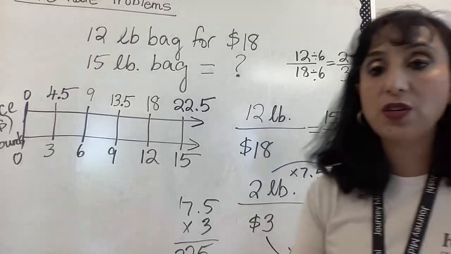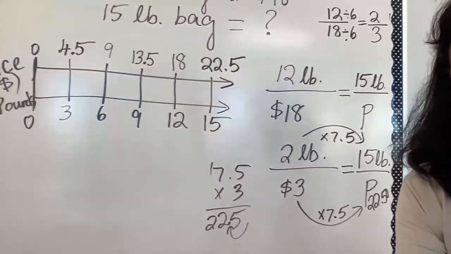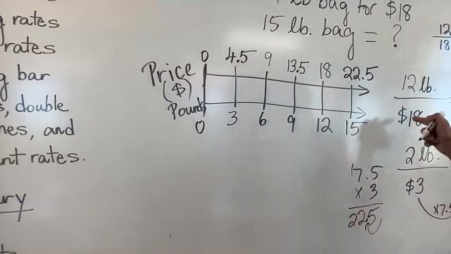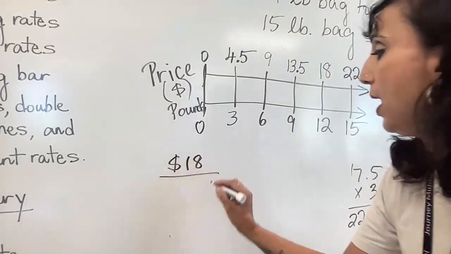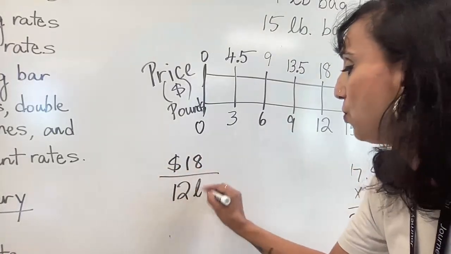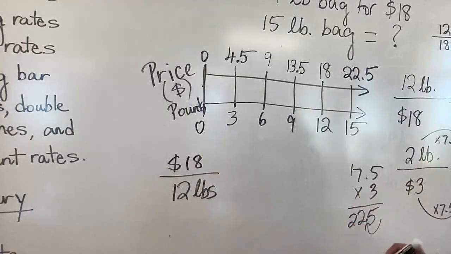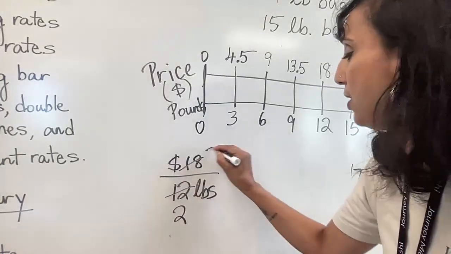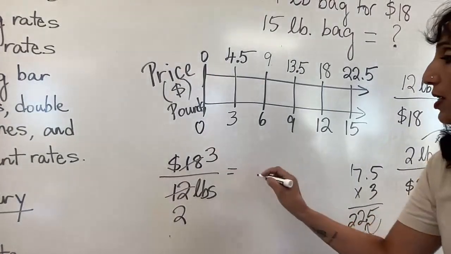I could have also done the unit cost. There's so many different ways. I could have done dividing 18 by 12 pounds, which is the quantity. When I divide, first and foremost, I get 2 here, I get 3 here. And ultimately, what is my unit price?